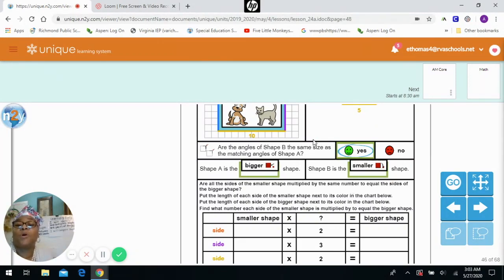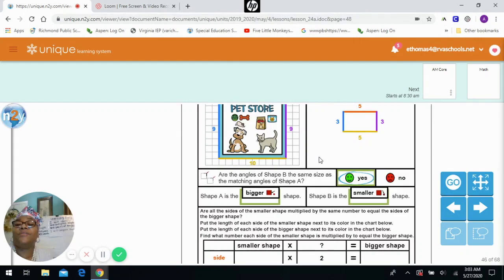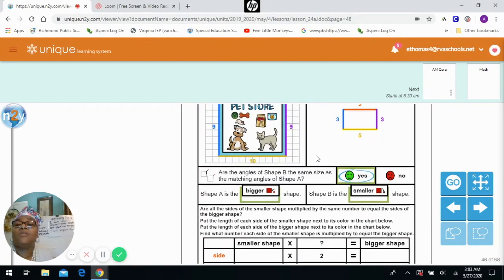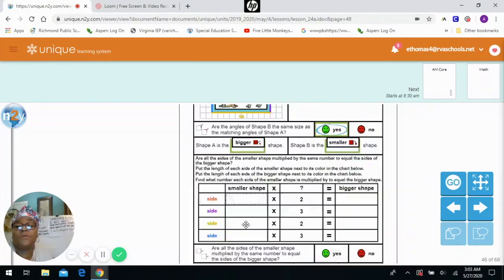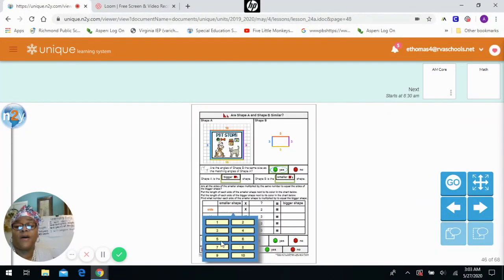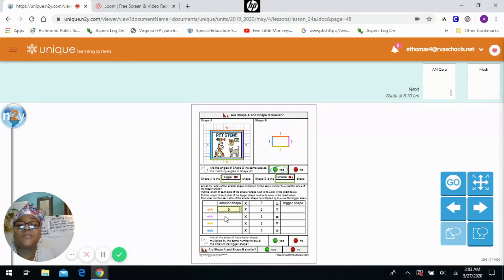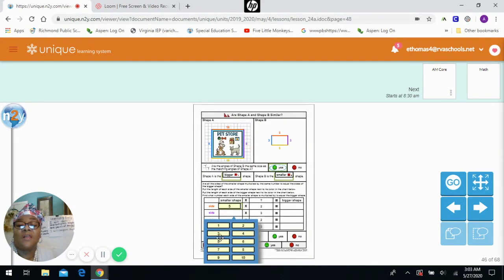So we're doing the smaller shape, and we have orange, purple, blue, and yellow. So where does it say first? The first side, the orange side, is 5. Okay, and the purple side is what? 3.